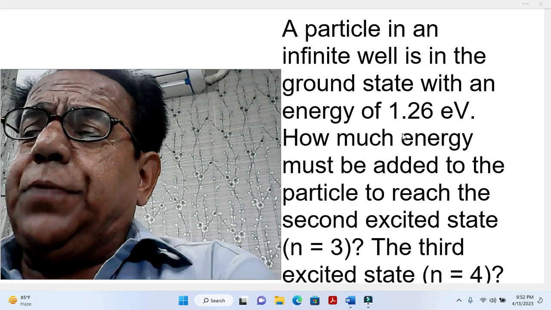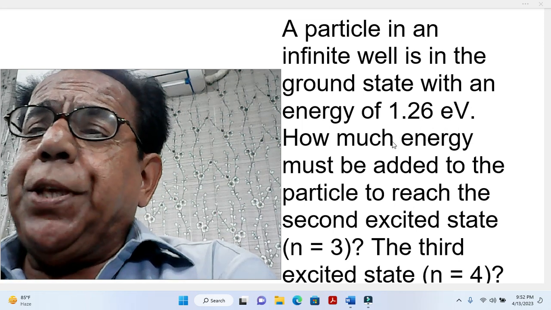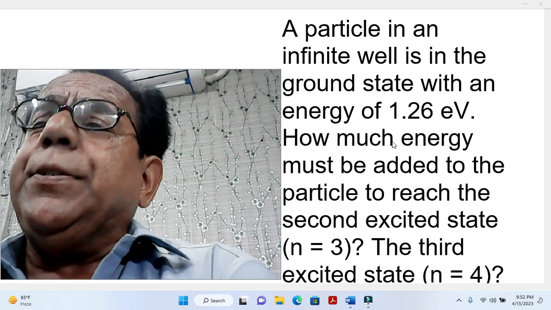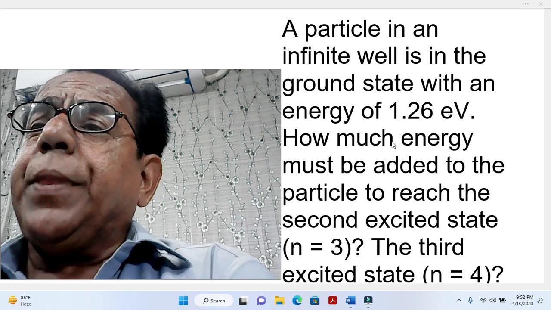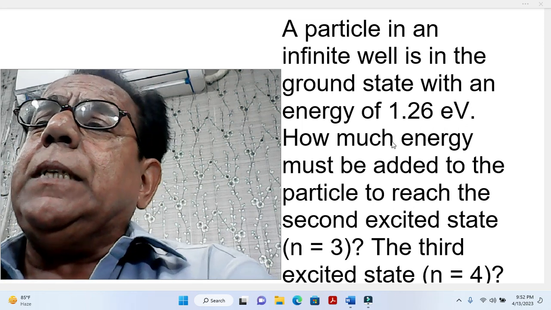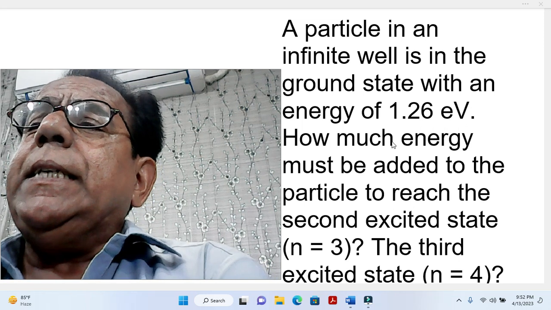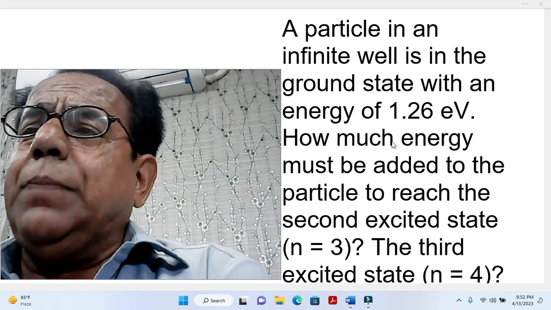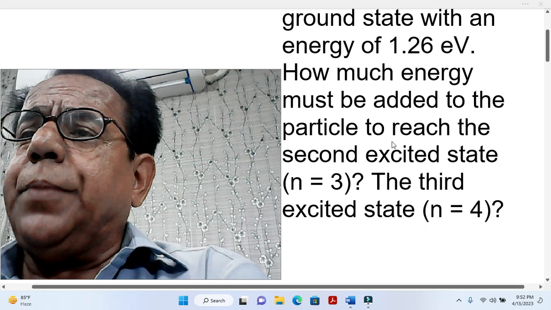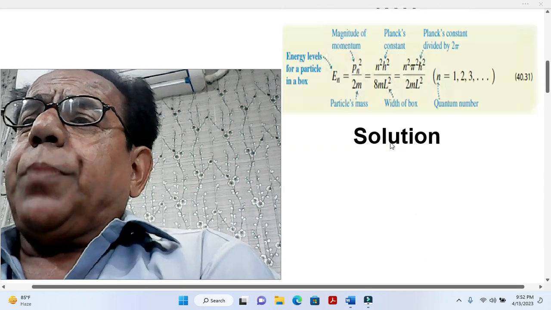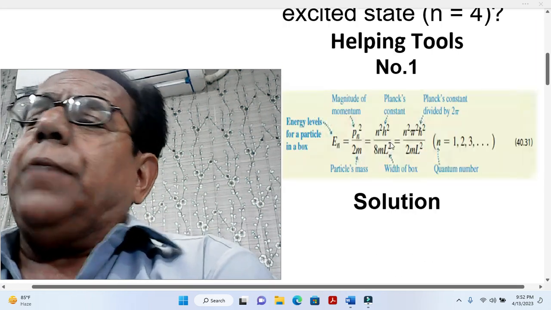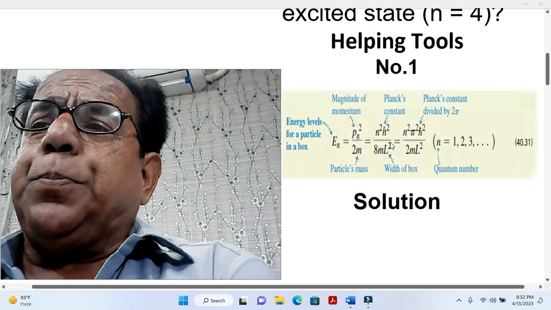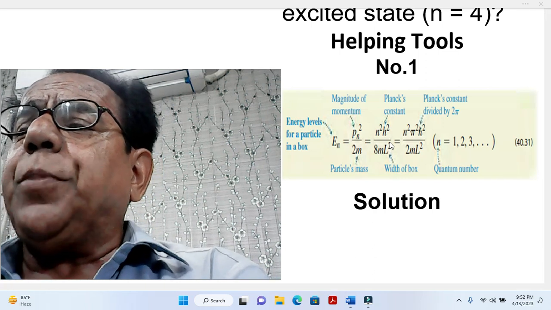So actually we will find E1 is given, then we will find E2, E3 and E4, then we will subtract: E2 minus E1, E3 minus E1. Only one tool is applied in this problem. Tool number one and the only tool.